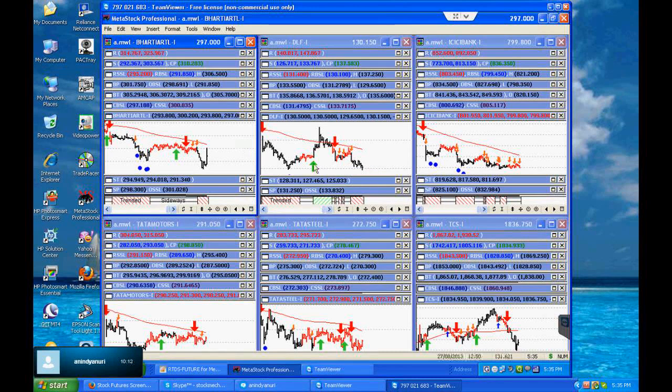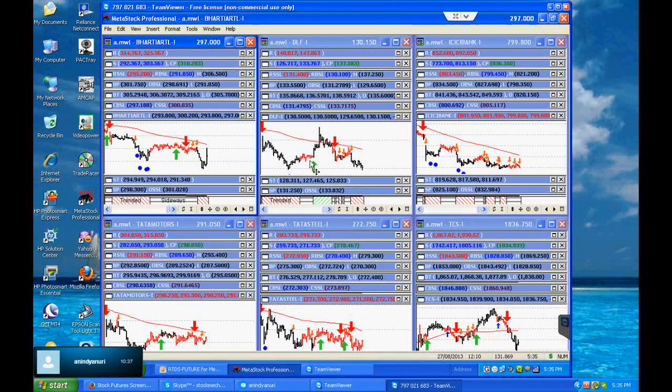Now the big green arrow is the main buy signal, and the red arrow is the main sell signal. The red colored flowing line is the filter line, which means any buy signal below the filter line we will avoid. Any buy signal below the filter line, as a basic rule, we will avoid.